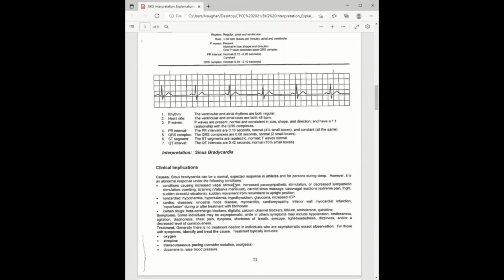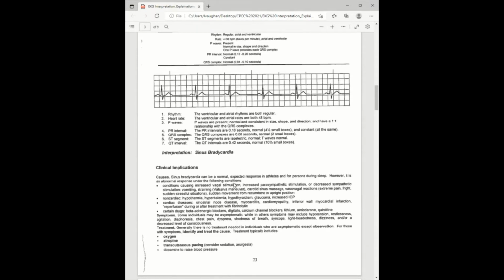If the person's asymptomatic, we only observe. There's not necessarily treatment needed. And if they are symptomatic, we will give them oxygen, atropine, transcutaneous pacing, consider sedation and analgesia, and dopamine to raise the blood pressure. If it's asymptomatic, we are just watching.